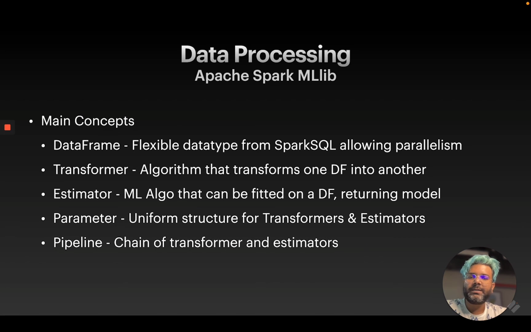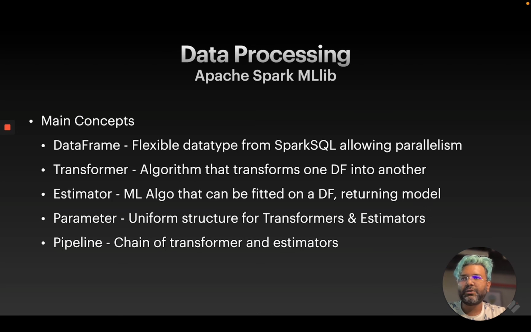Now the main concepts in Apache Spark MLlib start with the DataFrame, which is really an abstraction built on top of RDDs. It's a flexible data type from Spark SQL that allows parallelism. There are transformers and feature extractors.